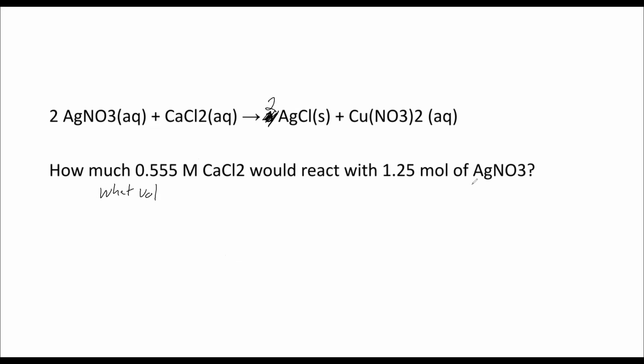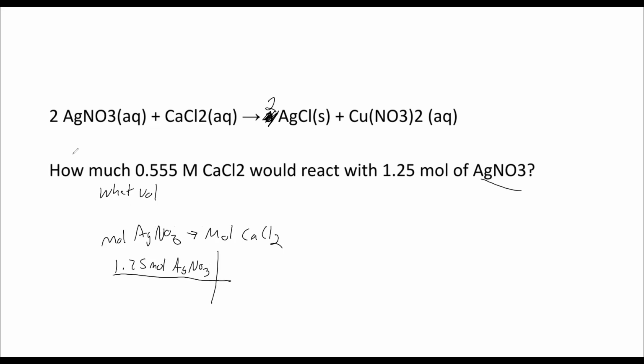So we're already in moles of silver nitrate. That's fine. We want to convert to liters of calcium chloride. So I need to convert from moles of silver nitrate to moles of calcium chloride. So 1.25 moles silver nitrate.